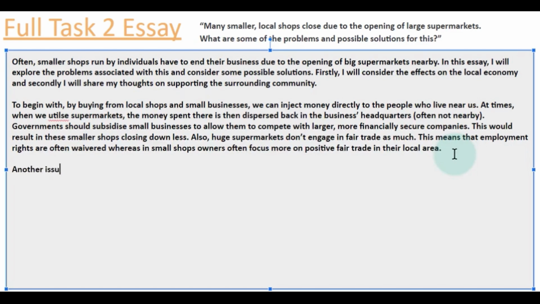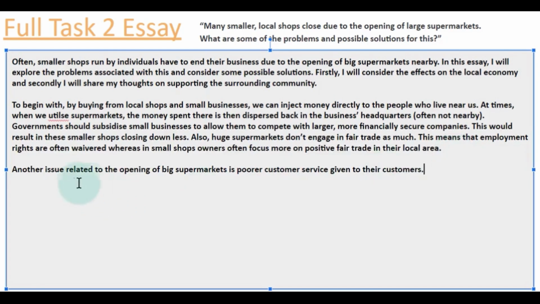Another issue related to the opening of big supermarkets is poorer customer service given to their customers, given to their users. I'm just trying to avoid repeating myself too often here.